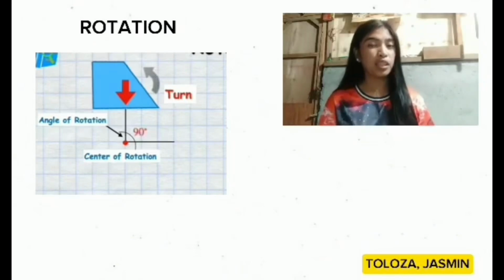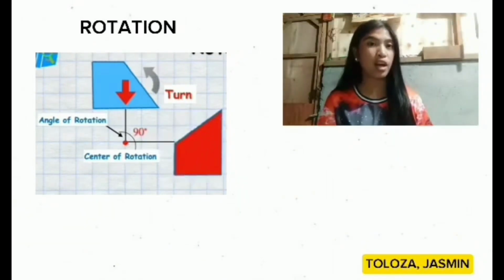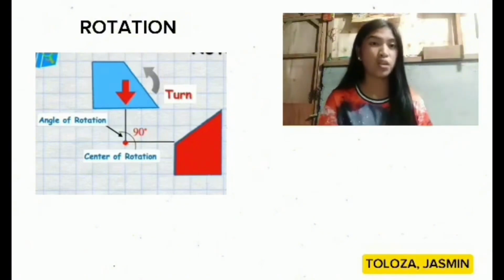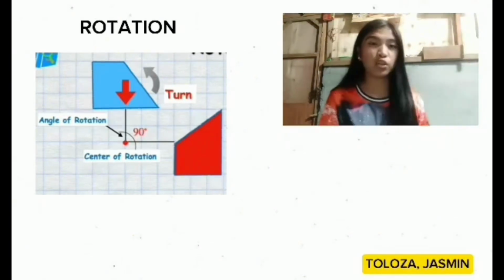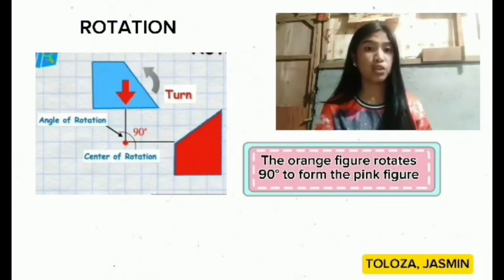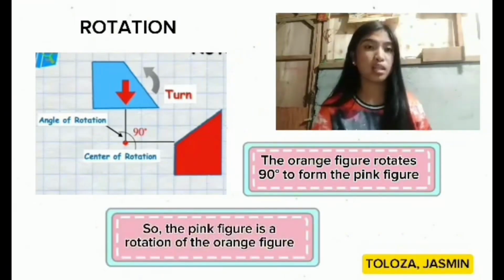For example, if you rotate a trapezoid counterclockwise 90 degrees around the center, the new image will be turned 90 degrees to the left, or counterclockwise, from the original trapezoid. So the original figure rotates 90 degrees to form the pink figure, and we say that the pink image is a rotation of the orange one.